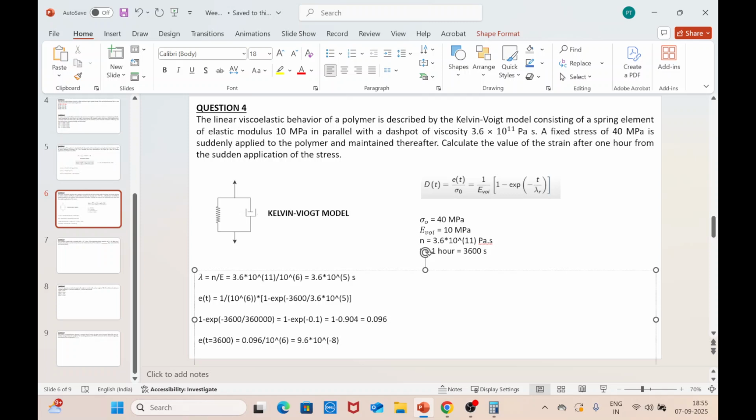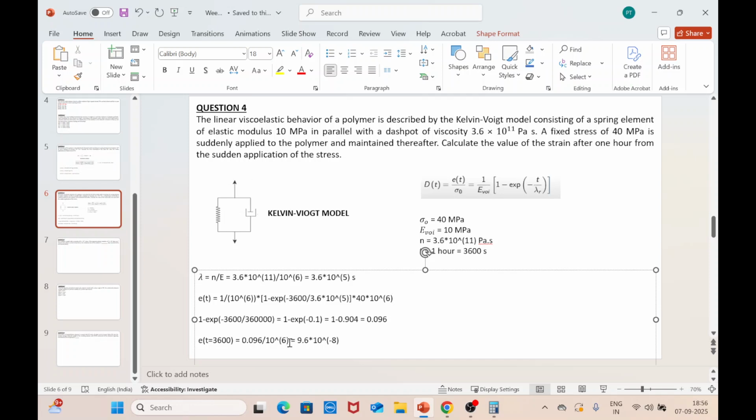Is this value fine? Strain does not have any unit, so strain after t equal to 3600 seconds is nothing but 9.6 times 10 to the power. Oh, so this is not okay. We forgot to multiply with the constant stress, 40 times 10 to the power 6.